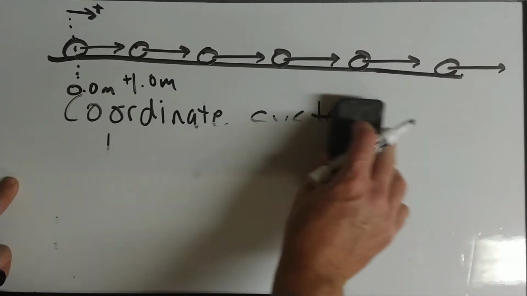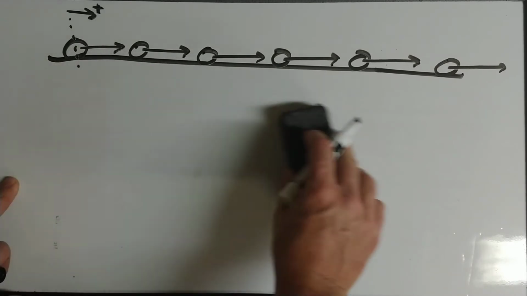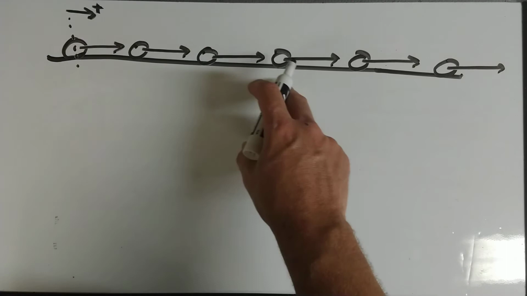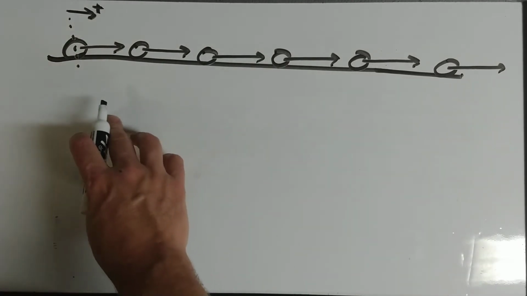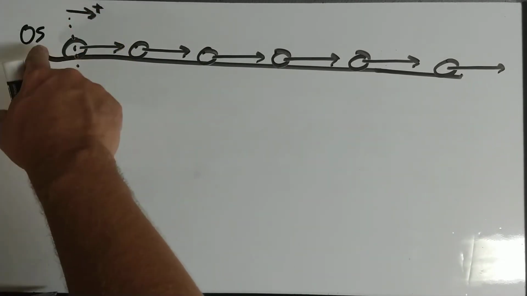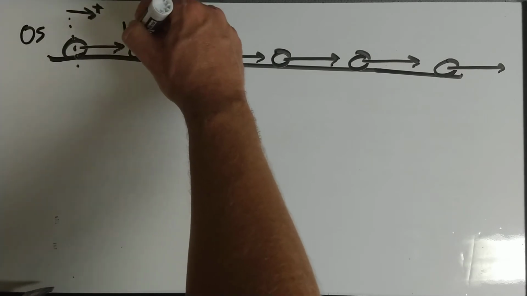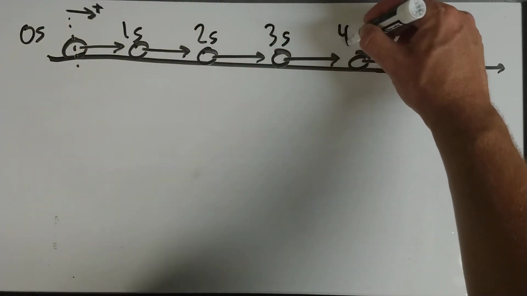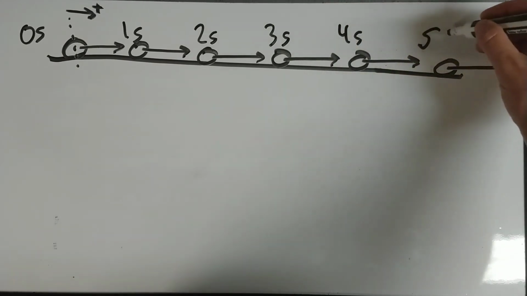Well, let's keep track of this thing's motion. Let's say each one of these drawings was made 1 second apart. So at 0 seconds, it was right here. At 1 second, it was right there. At 2 seconds, it was right here. 3 seconds, 4 seconds, and 5 seconds.